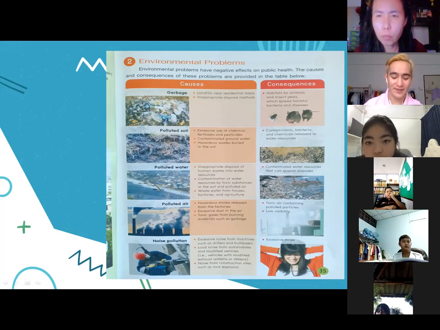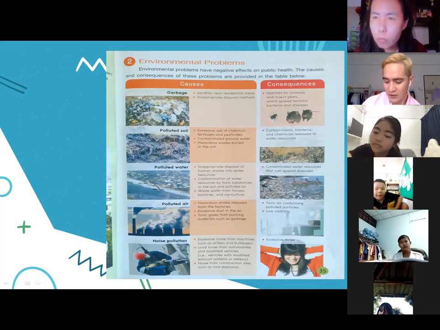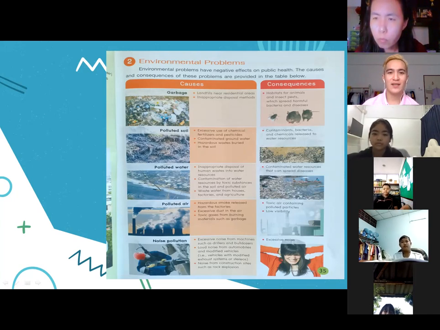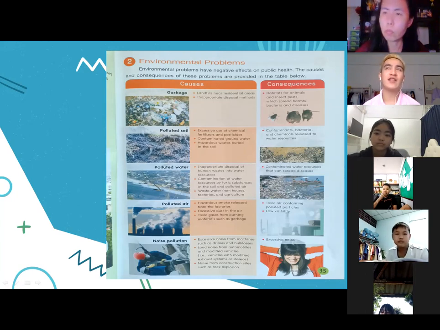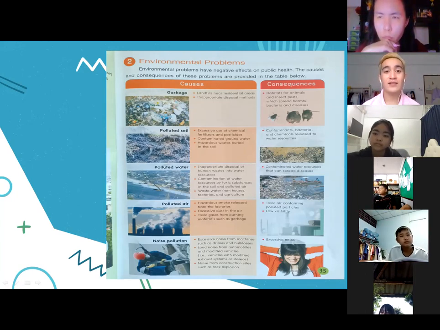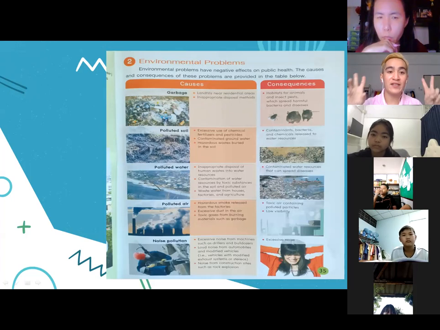Okay, so the consequences of these three causes is this: contaminated water resources that can spread diseases. Let's say we have contaminated water. We all know that contaminated, from the word itself, means it's dirty.